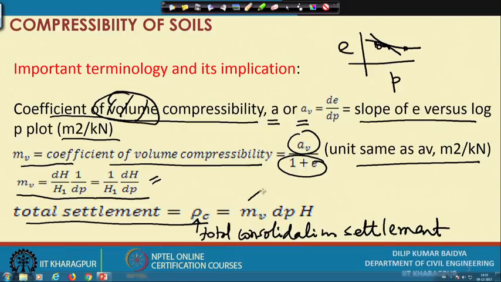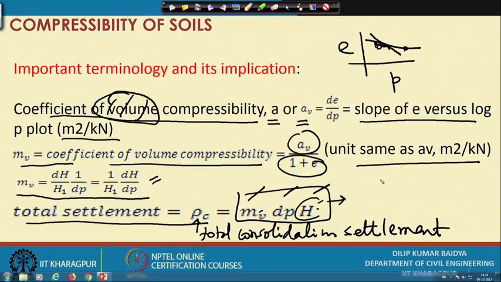This is actually mv into dp into h, and you can see the unit was meter square per kilonewton, and dp is kilonewton per square meter. So, they cancel, and ultimately the unit of the entire thing will be the unit of h. So, we get settlement in meter or millimeter. So, mv dp into h, this is the relationship. When you use the mv method for finding out the consolidation, this is the simple formula.